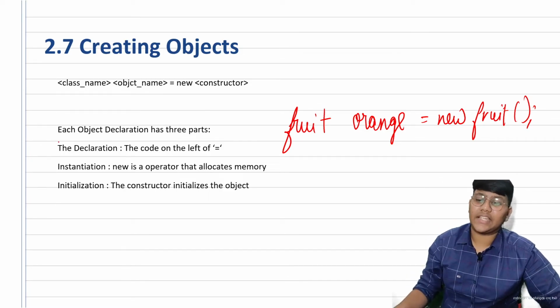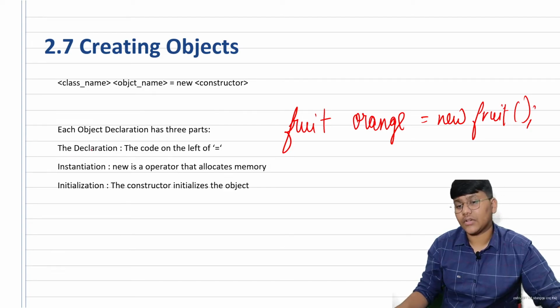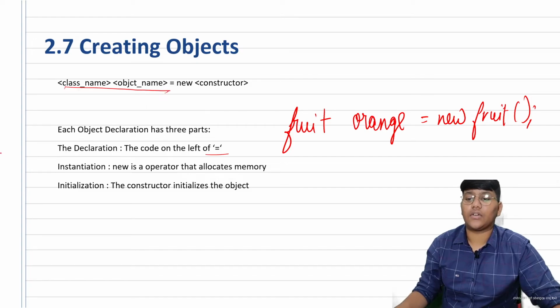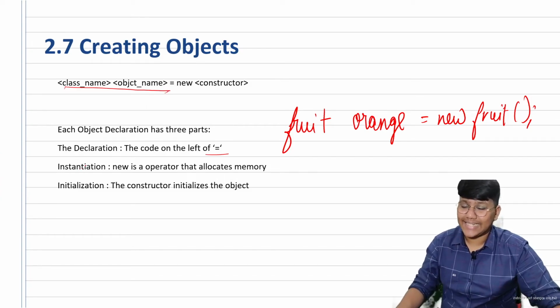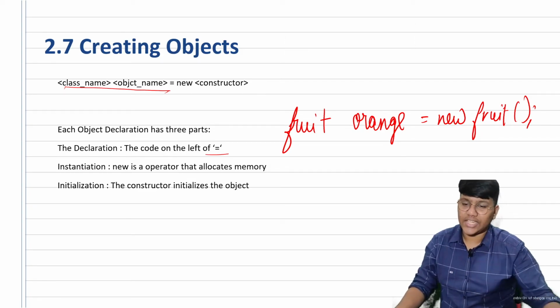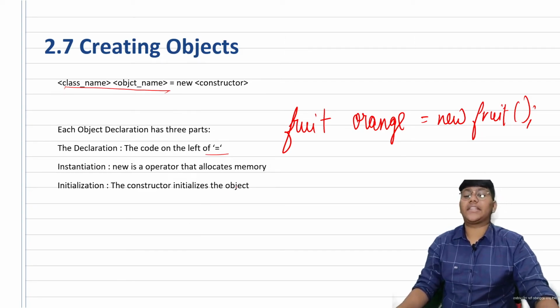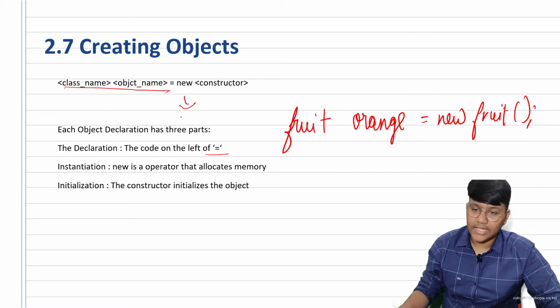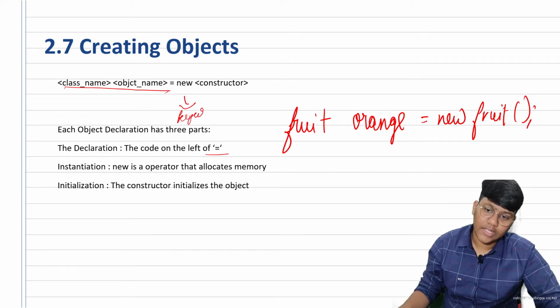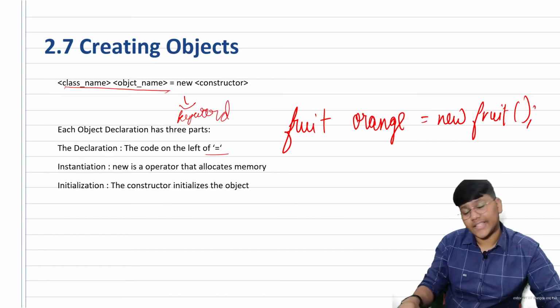Each object declaration has 3 parts. The declaration is the code on the left of the equals sign, that is, the class name and the object name. Then comes instantiation: new is an operator, a keyword, that allocates memory.